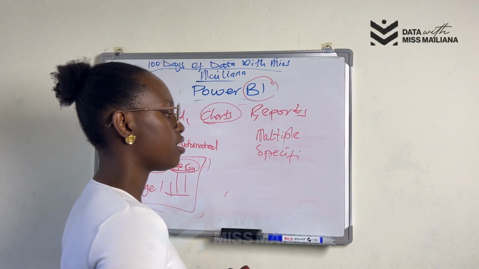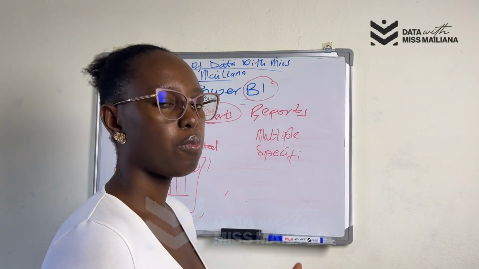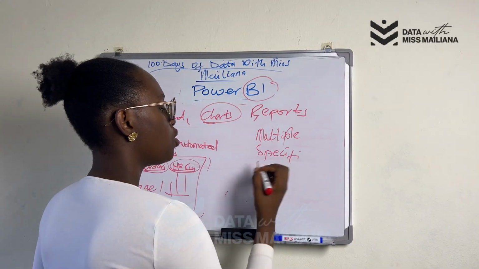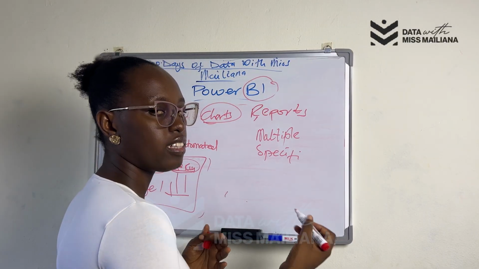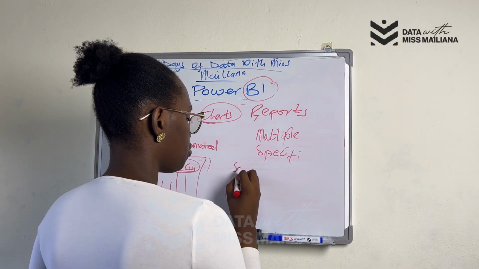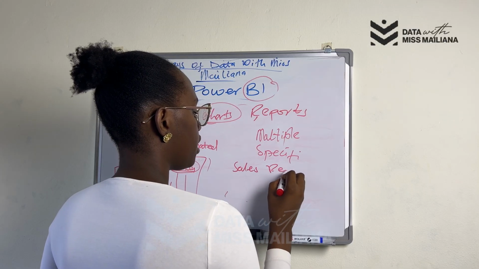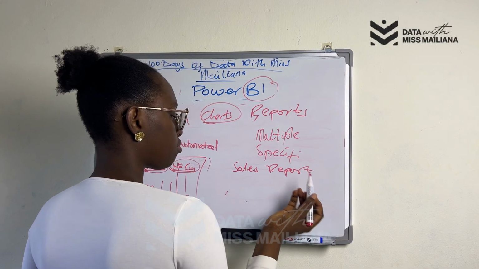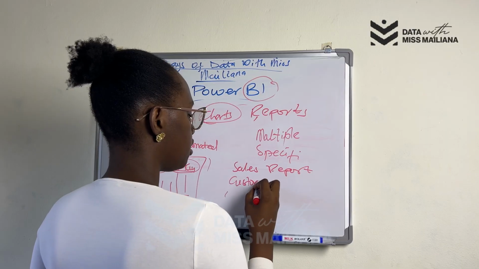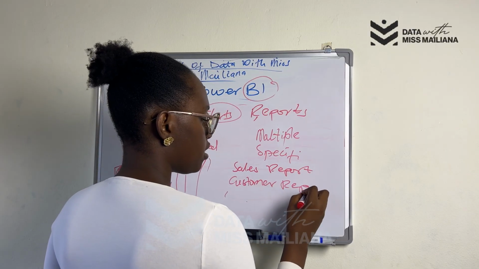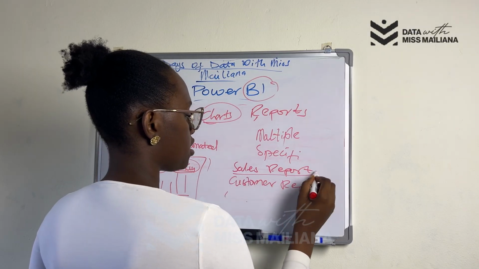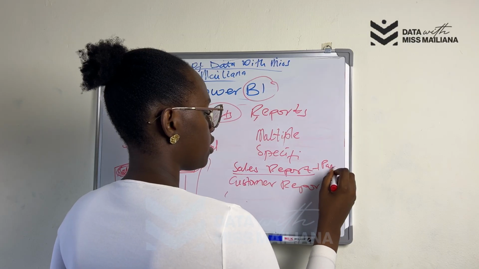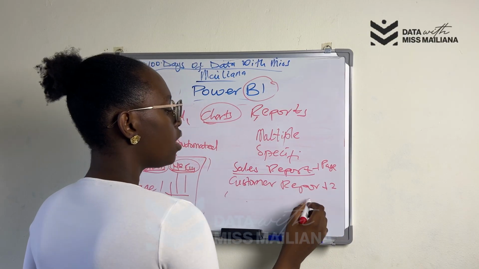But for reports, it's more of like you are going to give a report, so you are creating multiple reports on specific things, right? So maybe you can have sales reports, right? You can have customer reports on this one. So maybe sales reports is page 1, customer reports is page 2, and like that.